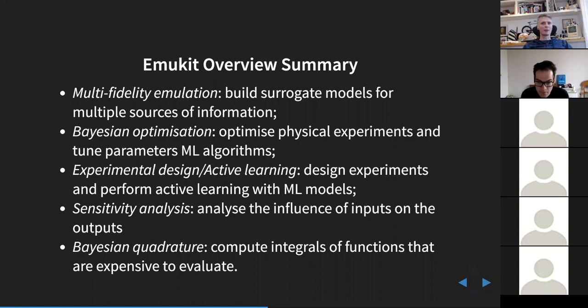So next Friday, I think we'll cover multi-fidelity emulation, and next Thursday we're going to look at sensitivity analysis, trying to understand the influence of the inputs of the function on the outputs. So Sobol indices, that's for Thursday.